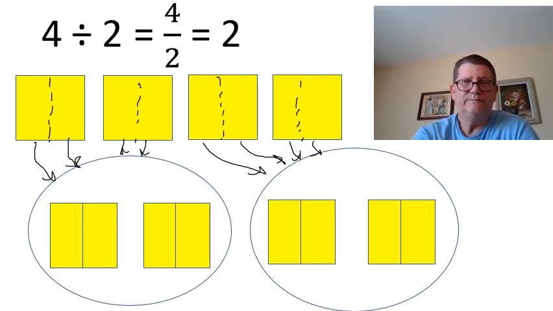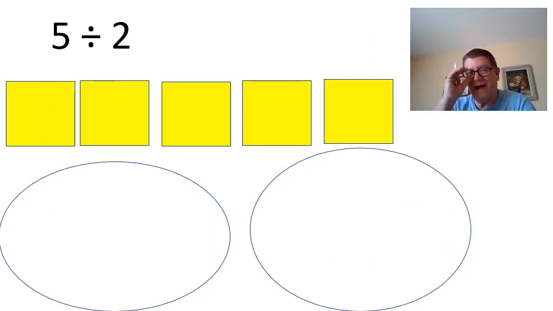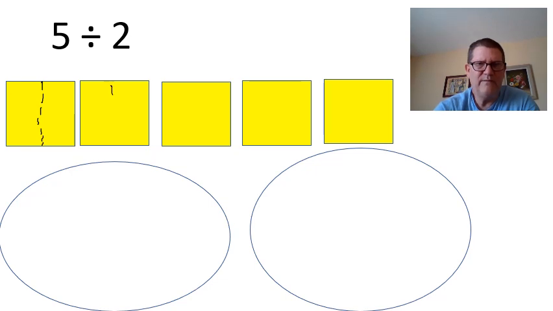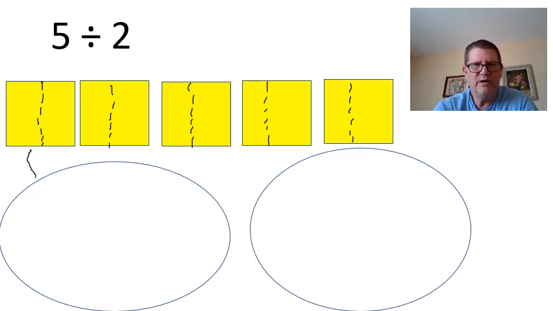All right, one more. Now we got 5 divided by 2. And the same thing, let's go ahead and split up our 5 wholes into halves. Okay, so I'm going to take this whole into this one, this whole into this one, this whole into this one, this whole into this one.